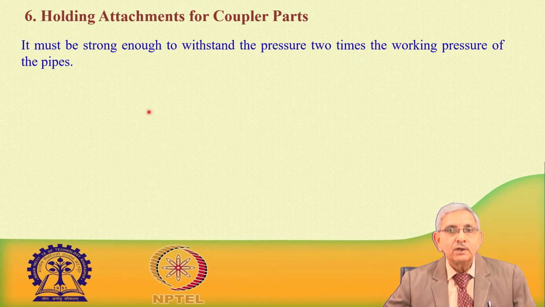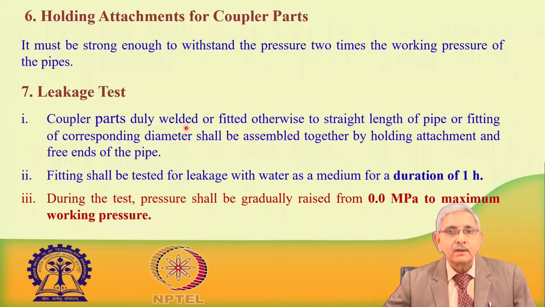The holding attachment for the coupler should be strong enough to withstand a pressure 2 times the working pressure of the pipe. This is the important thing, because when we joint the pipe, it should withstand this much pressure, which should be 2 times the working pressure. Leakage is another very important component.